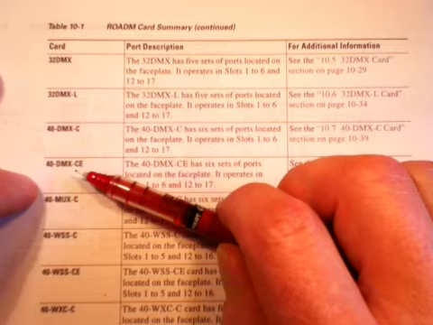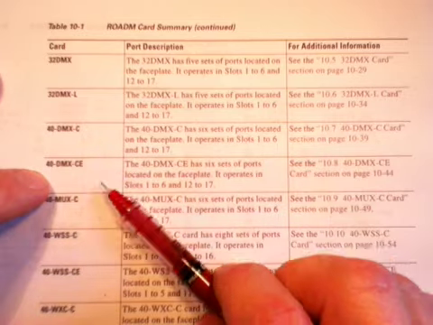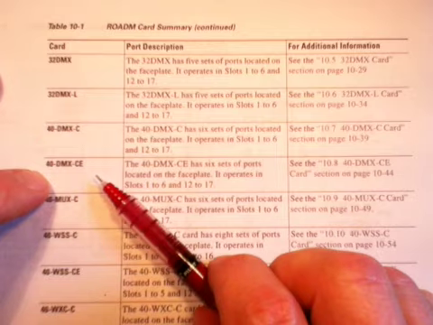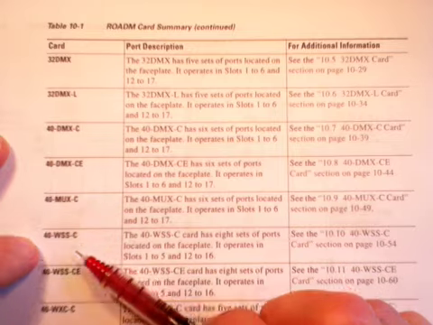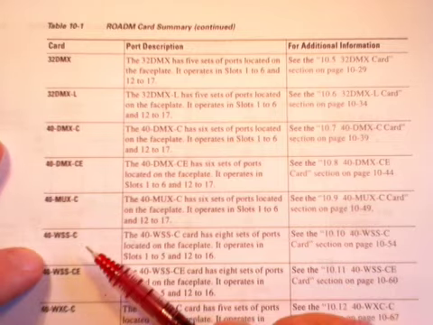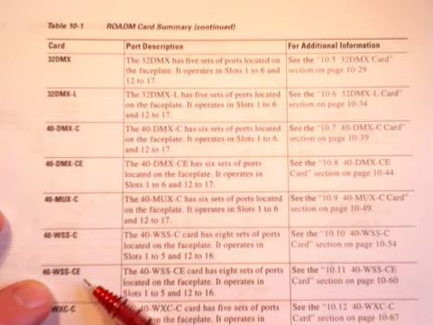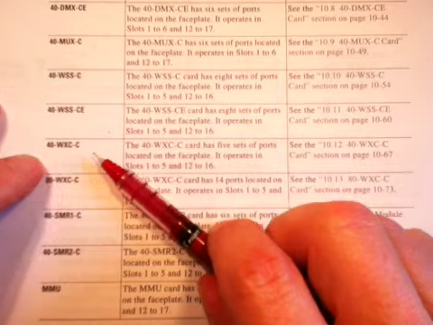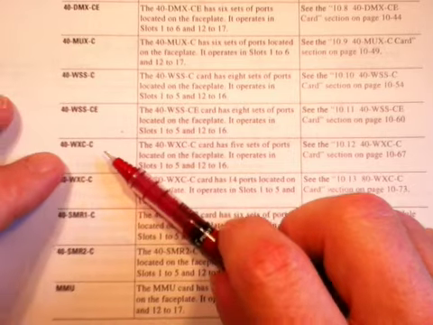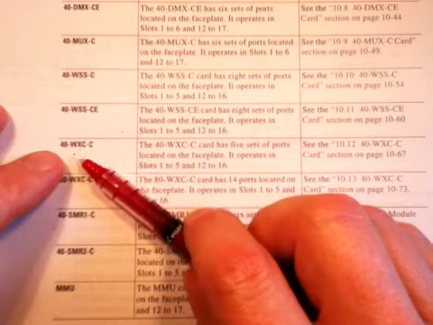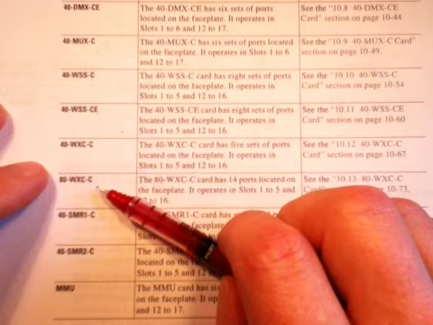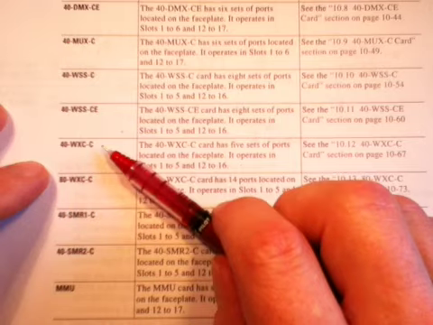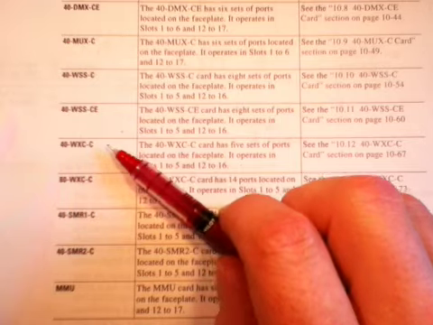We've got the 40DMX-CE. We've got the 40MUX-C. We've got the 40 wavelength selective switch C, the 40WSS-CE. And then we get on to some real fancy ones. The 40WXC. WXC stands for wavelength cross connect, and this is the most flexible type of wavelength switching that we have these days.